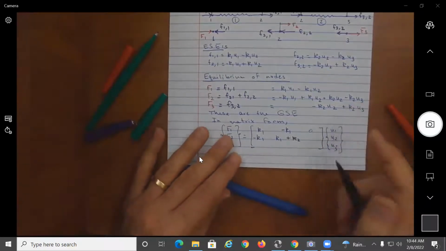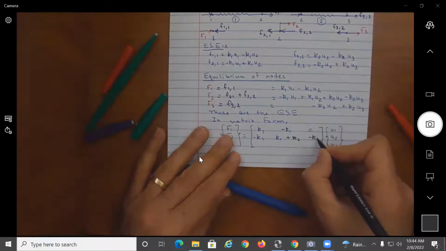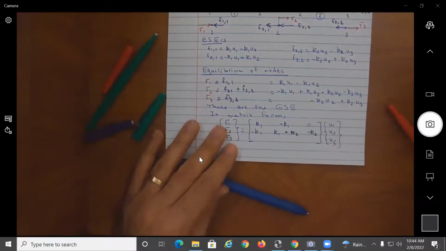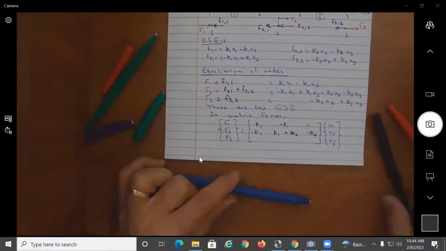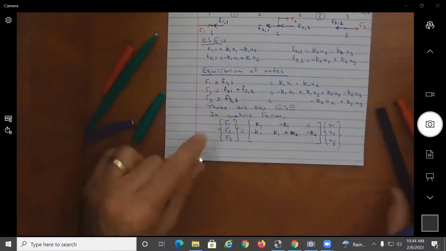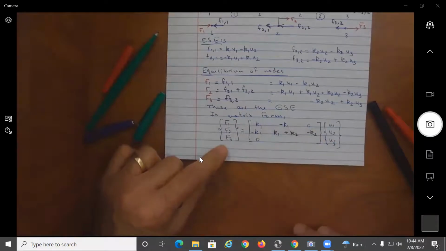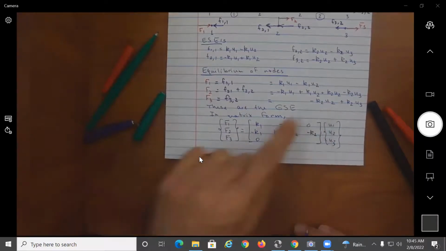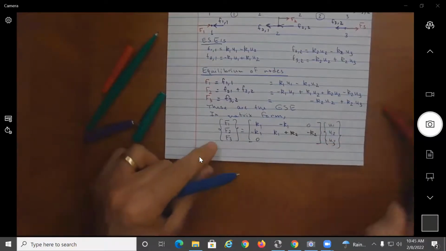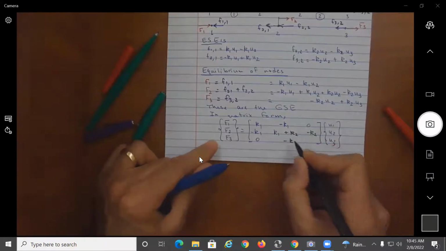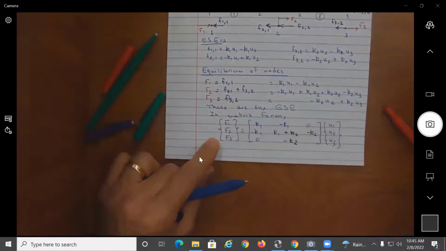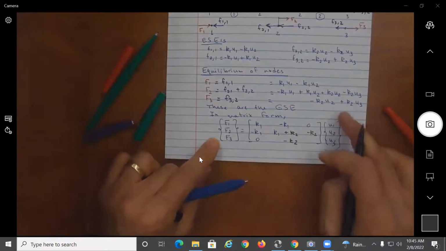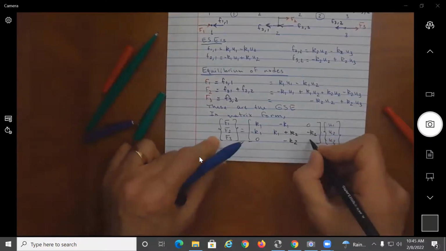And then I also have a minus K2 times U3. For the last line, I don't have anything multiplied by U1, so I'm going to put a 0. Then I have a minus K2 times U2 and a plus K2 times U3.